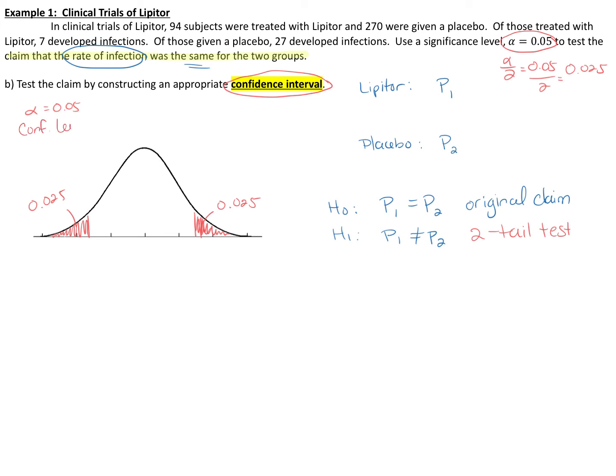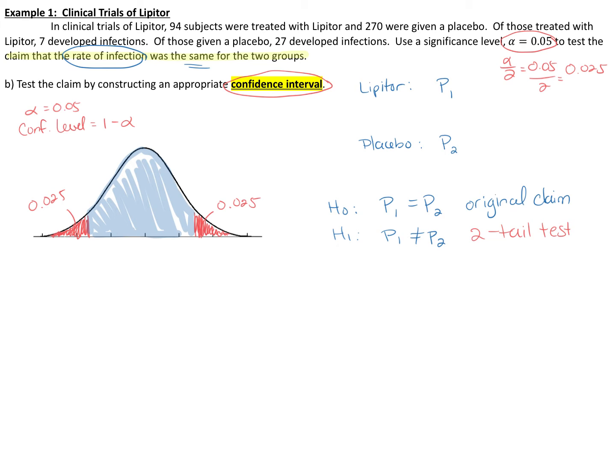So the confidence level for a two-tailed test is going to be 1 minus alpha. So if the two red shaded regions add up to 0.05, then the area that's in between, this whole area here, represents 1 minus alpha.